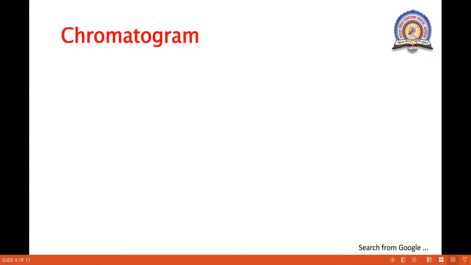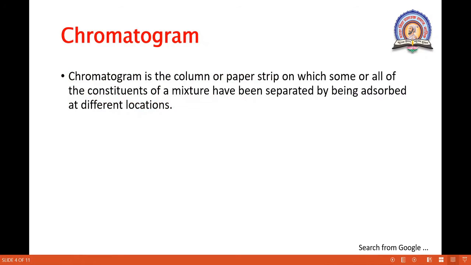So what about this chromatogram? A chromatogram is a column or a paper strip on which some or all the constituents of a mixture have been separated by being adsorbed at different locations.